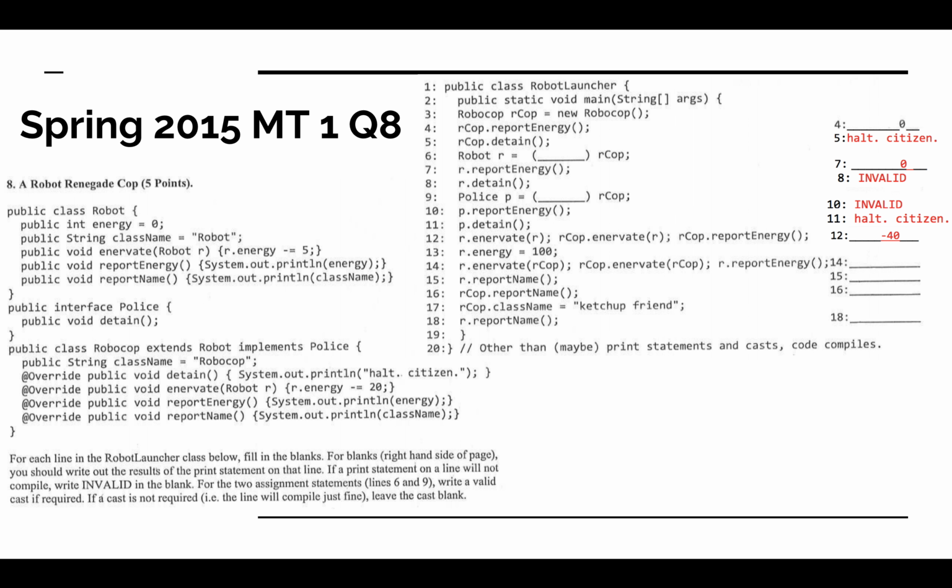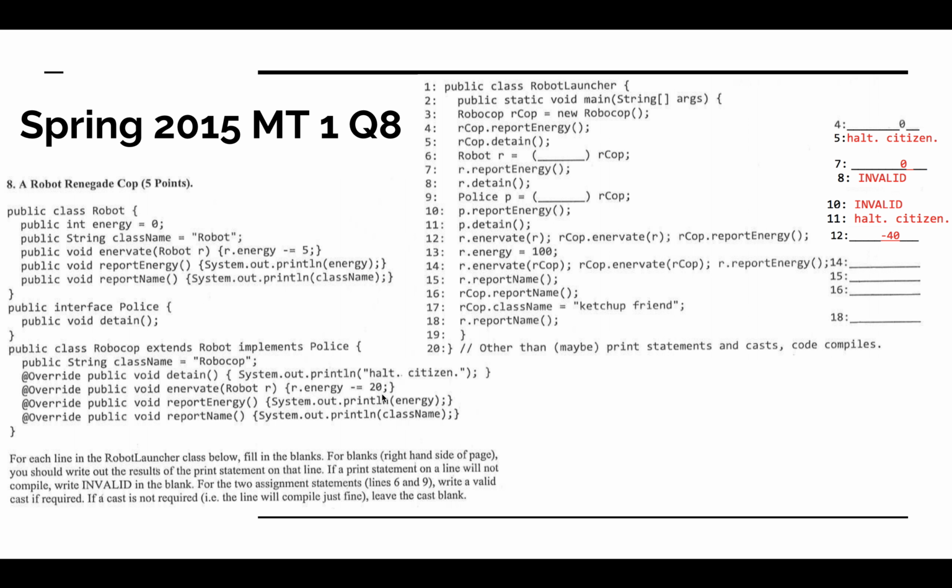Robot. But the dynamic type is Robocop. So we go inside the enervate function here and we call it on rcop. So is it fine to put an rcop here even though rcop is a Robocop? Yeah, it's still fine. So we still call this method and we do r.energy minus equals 20.